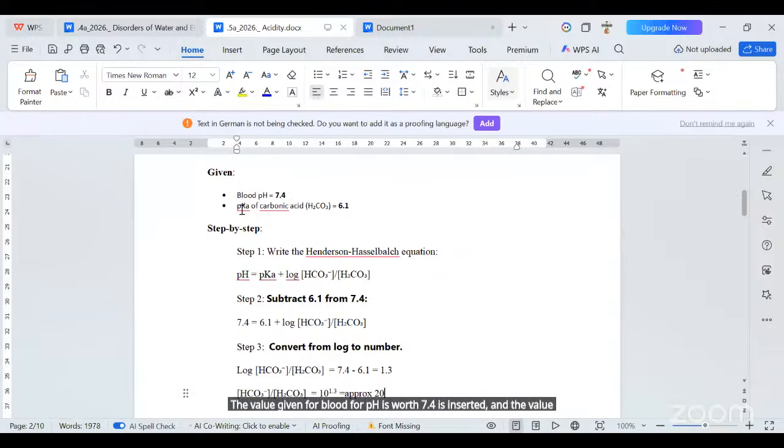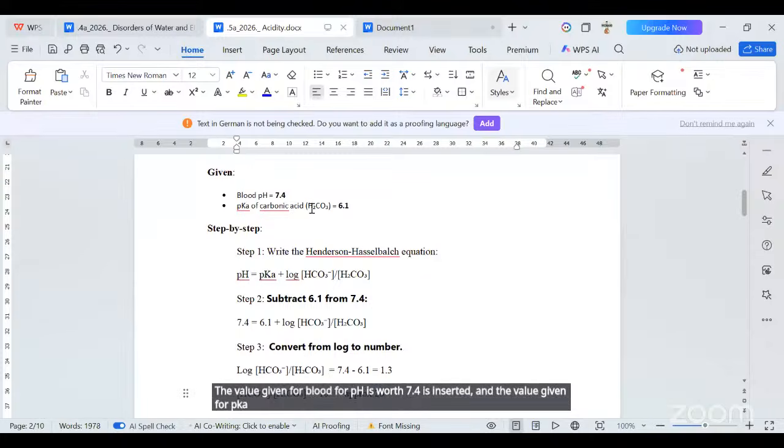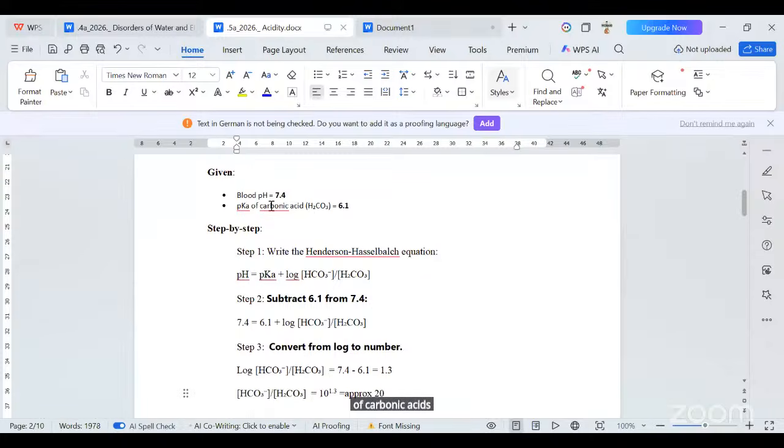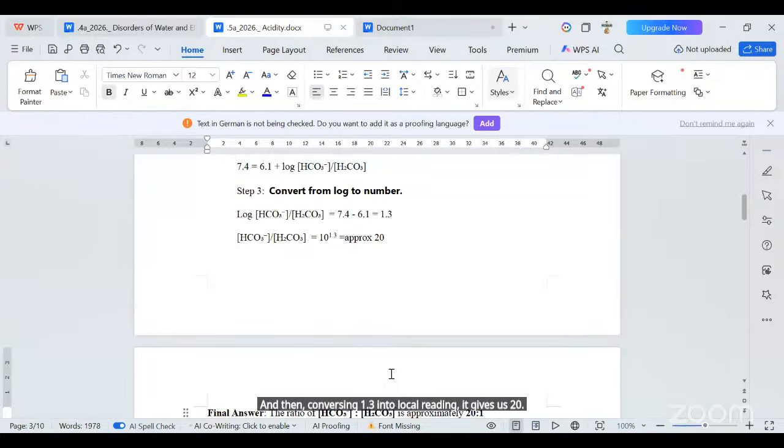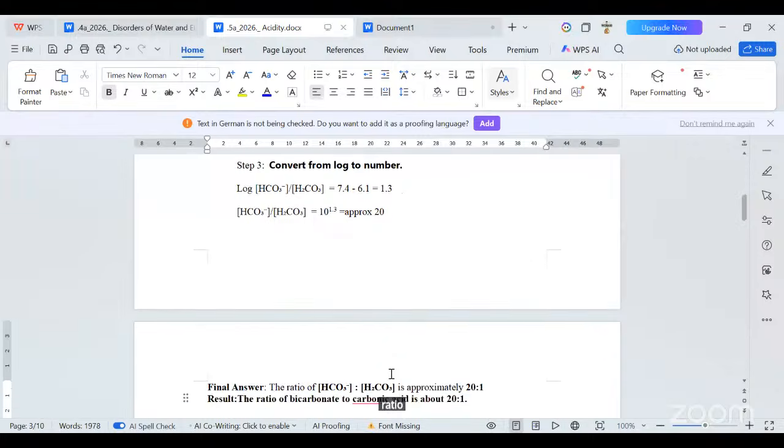And the value given for the pKa of carbonic acid, H2CO3, is 6.1. So when we insert the values and collect like terms, the log of base over acid equals 1.3. And then converting 1.3 from logarithm, it gives us 20. So the ratio of base to acid is 20 to 1. That's the ratio of bicarbonate to carbonic acid.